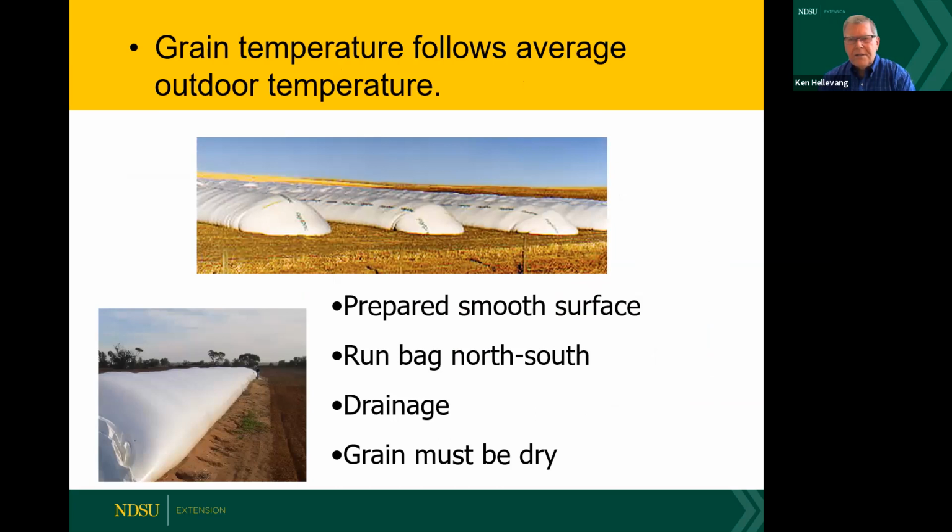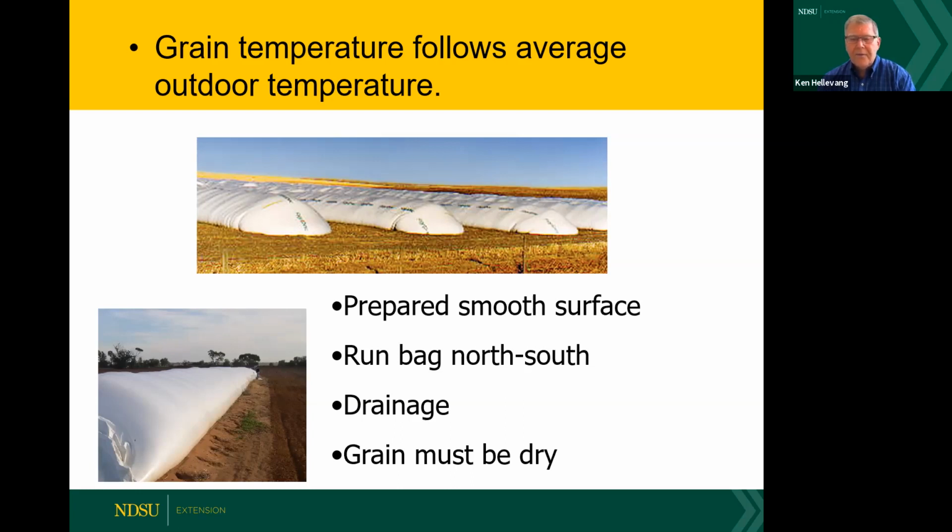I included this slide because it shows some of the large storage bags that are sometimes used for grain storage. And it's critical to note what is occurring in these long grain bags.